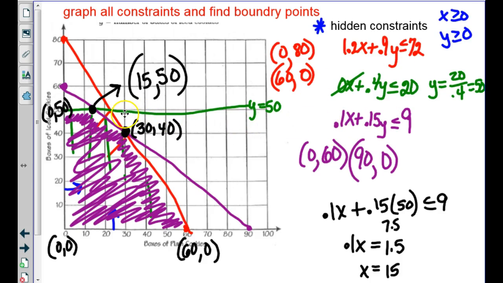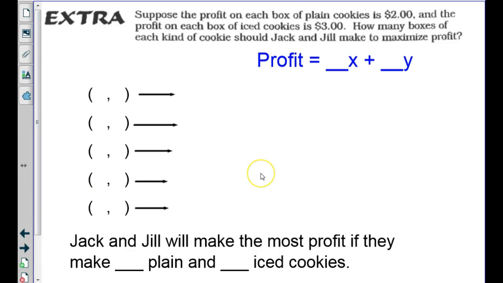You could do substitution, which is actually what we did when we wanted to find where the green line crossed the purple line, because we knew all the points on the green line had y equals 50, so we just substituted it into the purple to find the point of intersection. Once we have all the points on the corners of the bounded feasible region here, this is where we got totally off track because we were rushing.